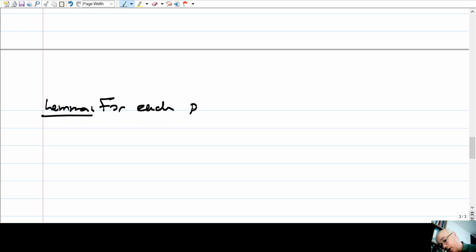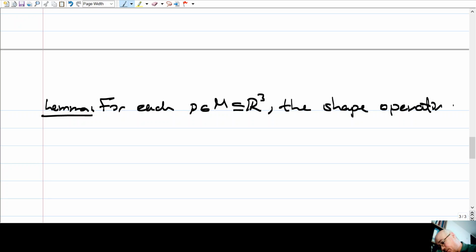For each point P in M, M a surface in R3, the shape operator is a linear operator.